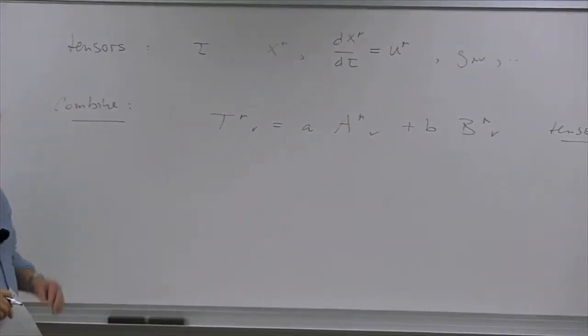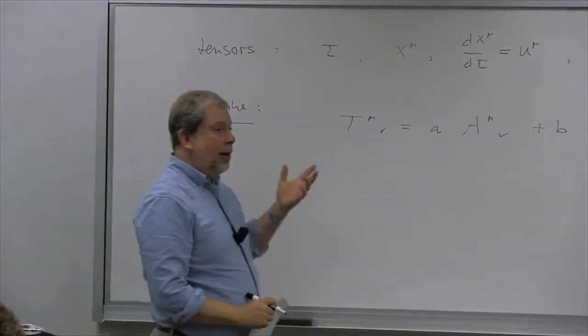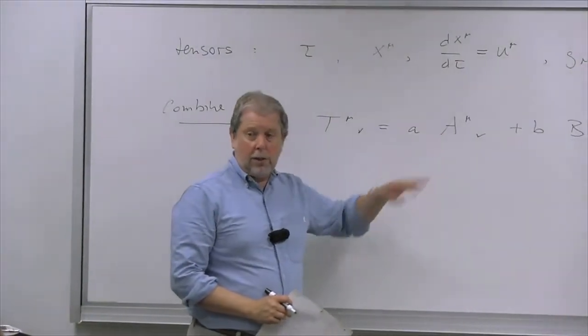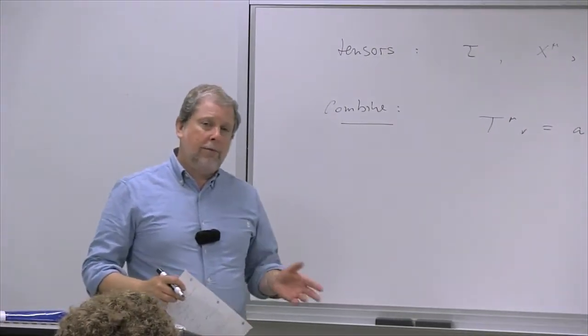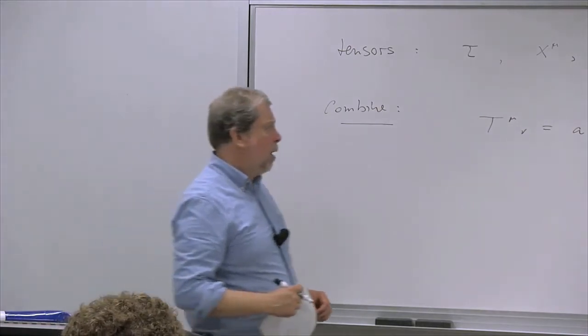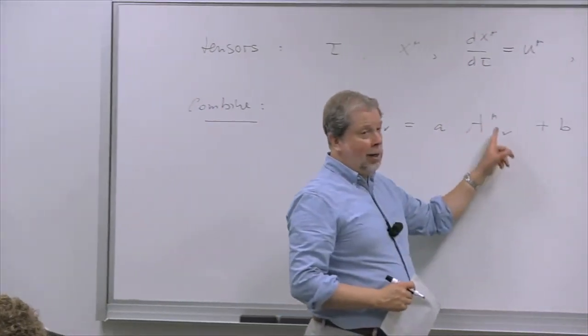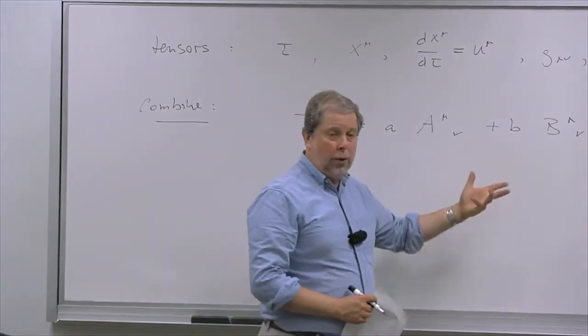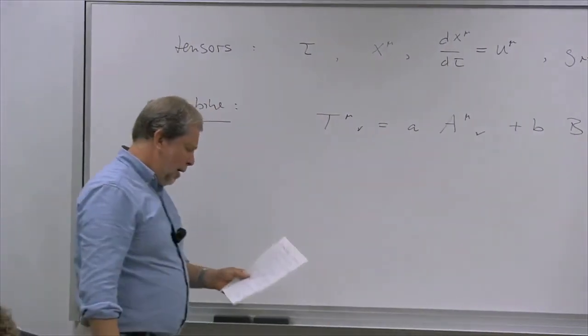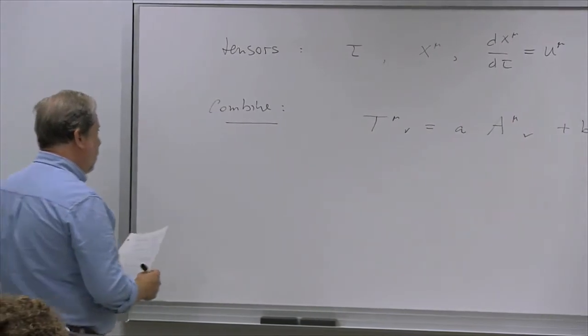So linear combinations work well, and the reason again is because both of these objects will transform with some appropriate factors of dx by dx prime or dx prime by dx, depending on whether you're looking at the index that is upstairs or downstairs. And so that will apply, of course, to both terms, and so this thing is still a tensor. So a linear combination will work.